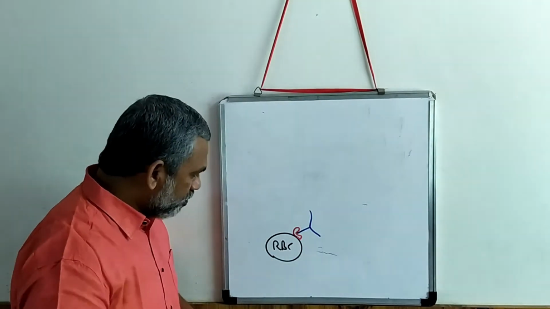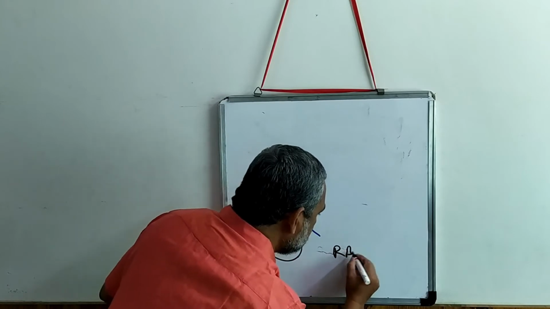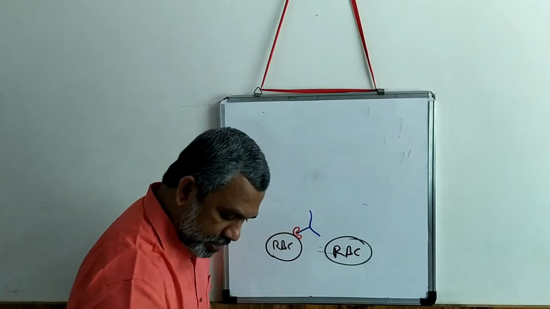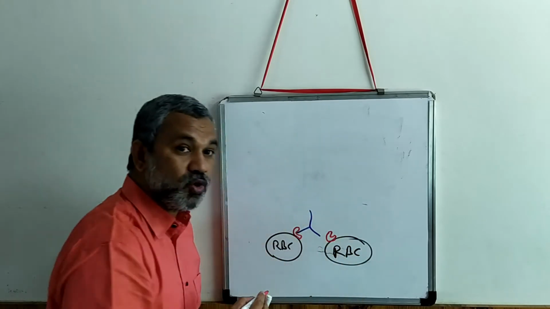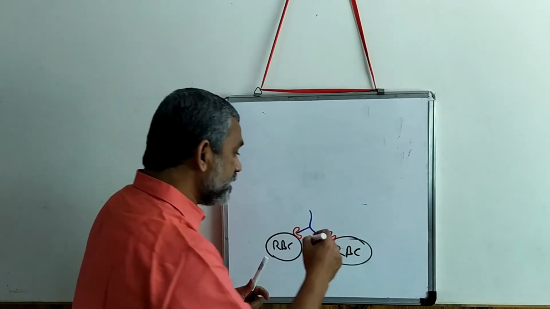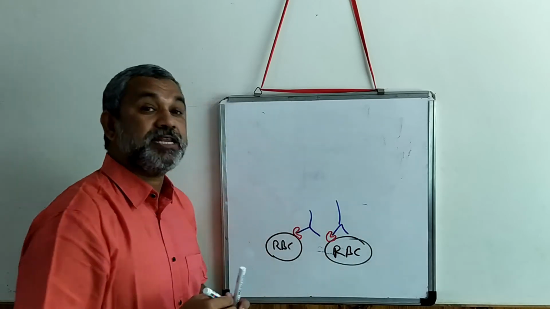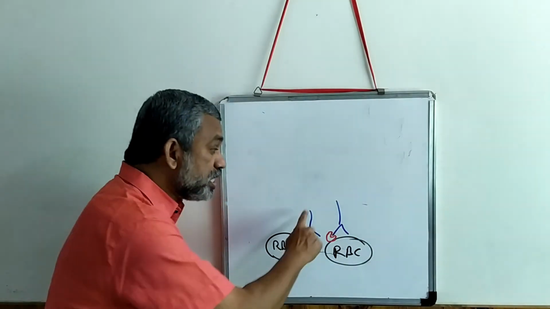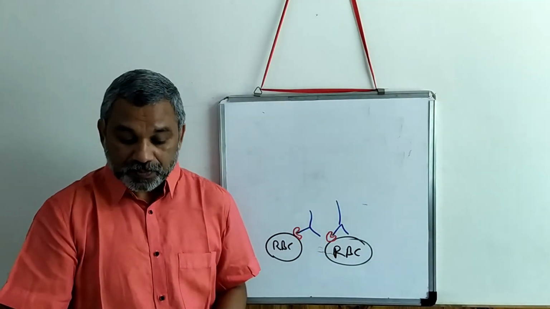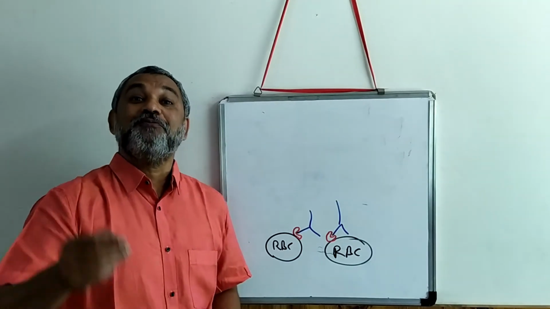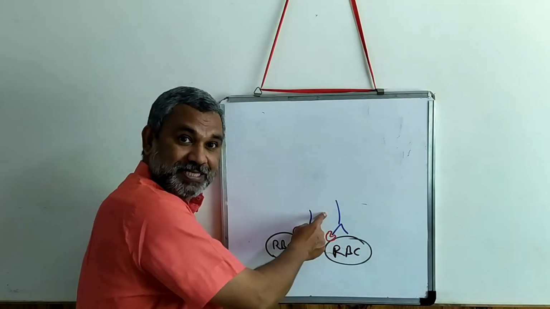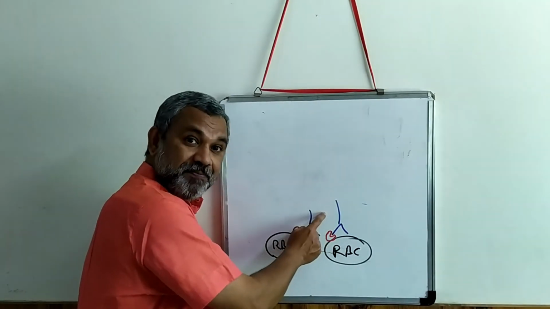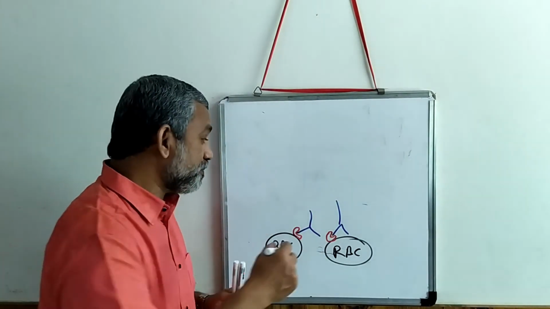So let us draw one more. This is another RBC and this is another soluble antigen attached, and to that another antibody is attached. So this becomes the particulate matter. Now what do we do? We add an antibody raised against another antibody. With this we can check from the patient's serum whether a particular antibody is present.